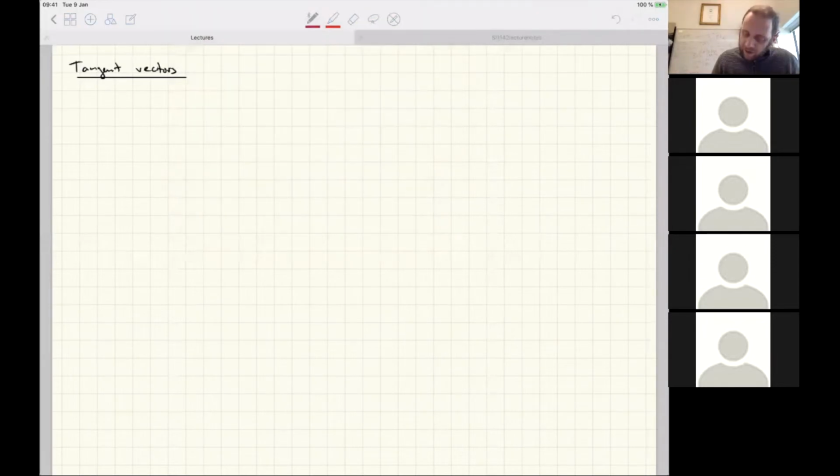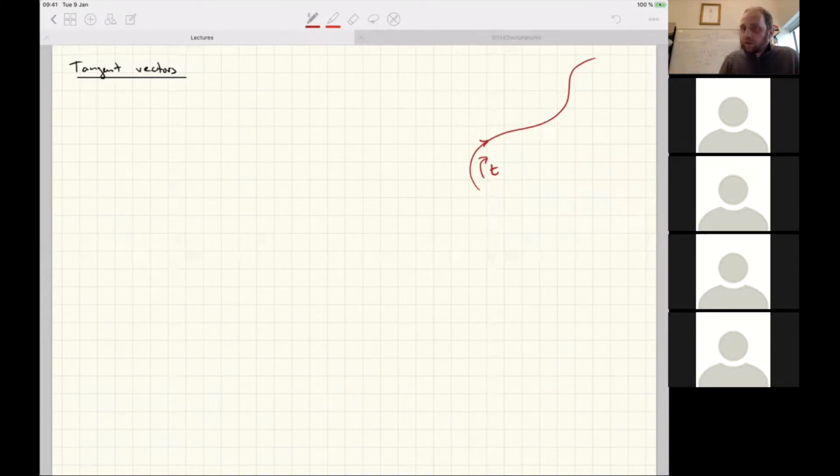But in general, if I have some curve like this, that curve is essentially a map from a single parameter t to the space that you're looking at.